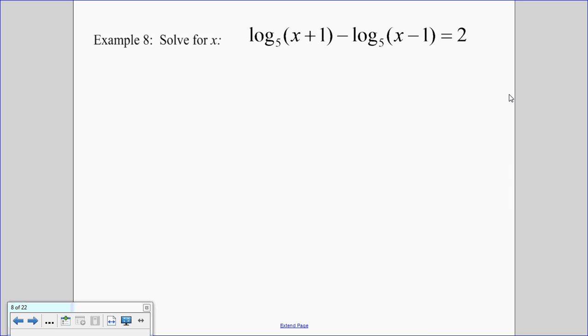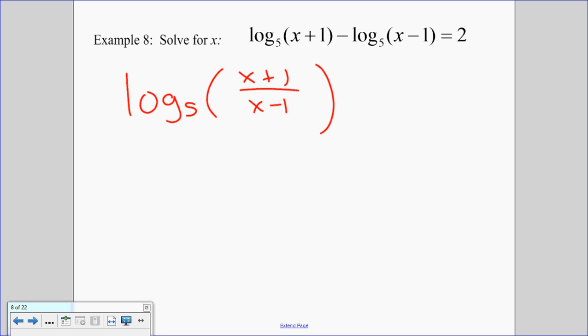I can't change 2 logs in an exponent, so I have to condense this just like the previous one. So let's condense this using the subtraction rule. This is log base 5, and I will be dividing x plus 1 over x minus 1 equals 2. So condensing, subtraction turns into division.